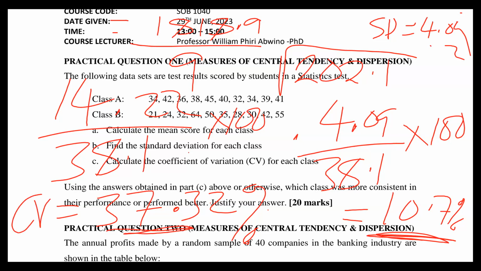So the class that was more consistent is the one whose coefficient of variation is smaller. Is that clear? Yes.